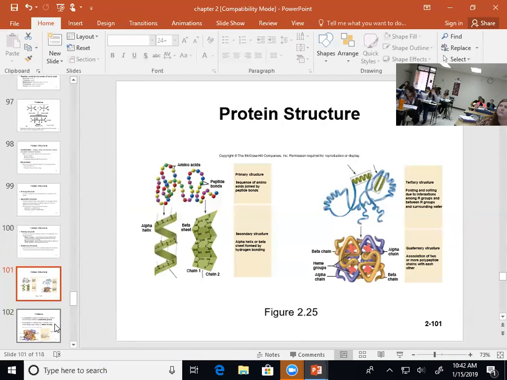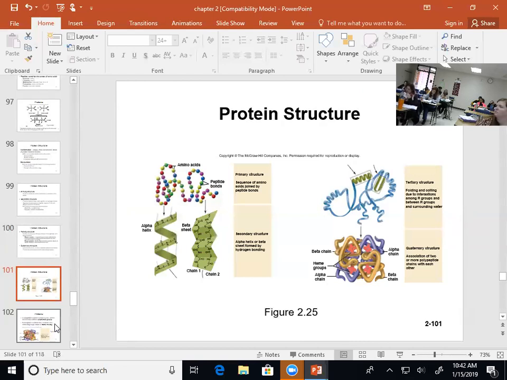Now I want you to think, to understand this, because this is important, to figure out how proteins work, you've got to know how they're made. You really do. This is basic biochemistry here, and you can't really understand life without understanding protein structure.